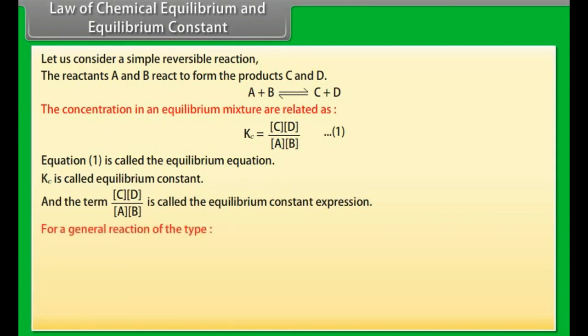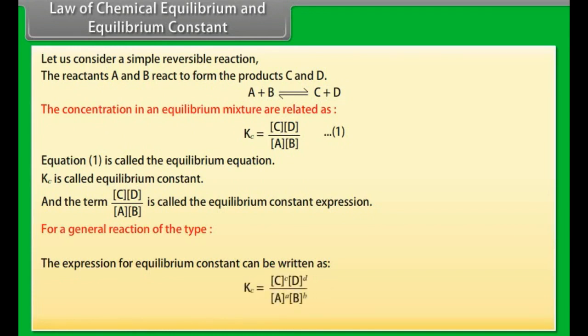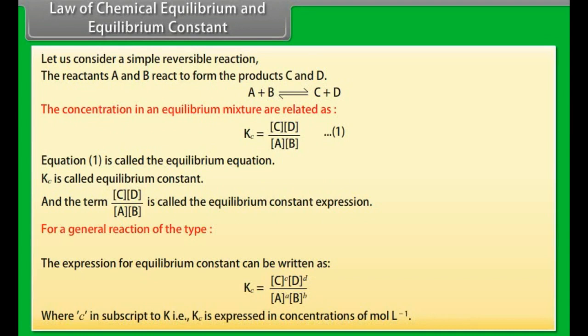For a general reaction of this type, the expression for the equilibrium constant can be written as follows, where c is a subscript to K. That is, Kc is expressed in concentration, mole per liter.